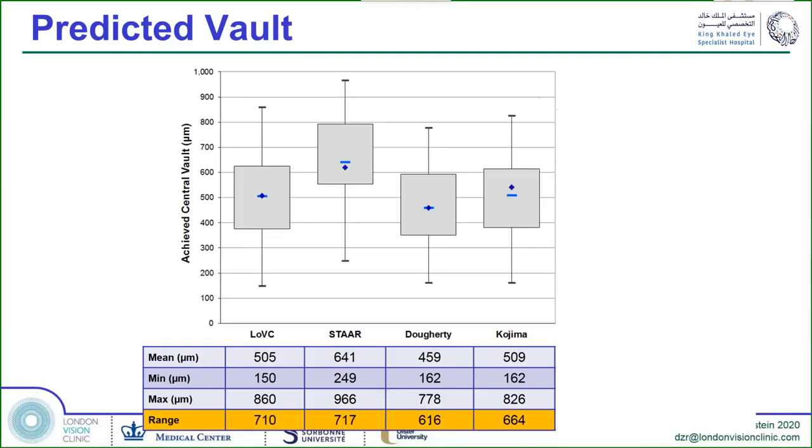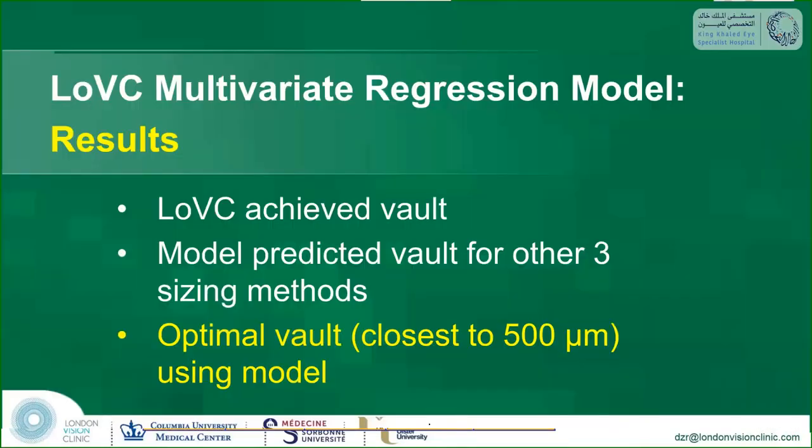Now, if we think about what the model would predict if we did a leave one out analysis, and leave one out analysis is a way of testing a model with your retrospective data.